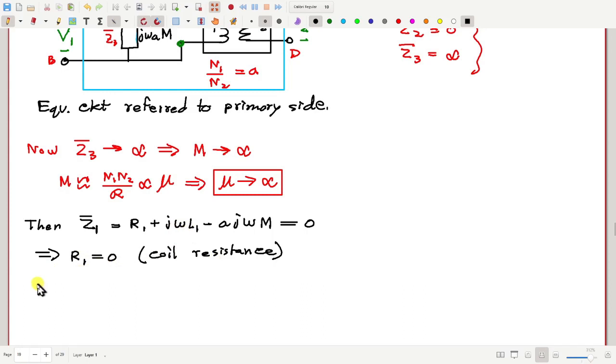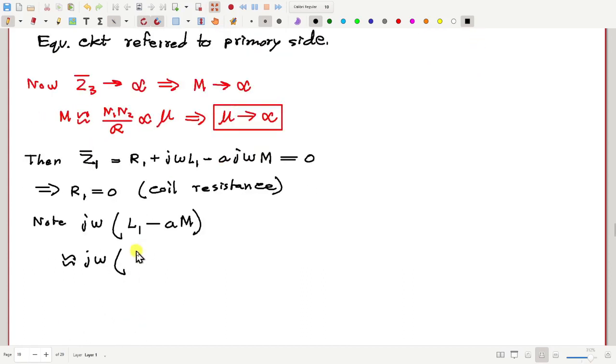What else? Note that this quantity has j omega common, and then we have L1 minus a m. How much is L1? L1 we estimated to be approximately N1 square divided by the reluctance of the core, and a is N1 by N2 and m is N1 N2 by reluctance.